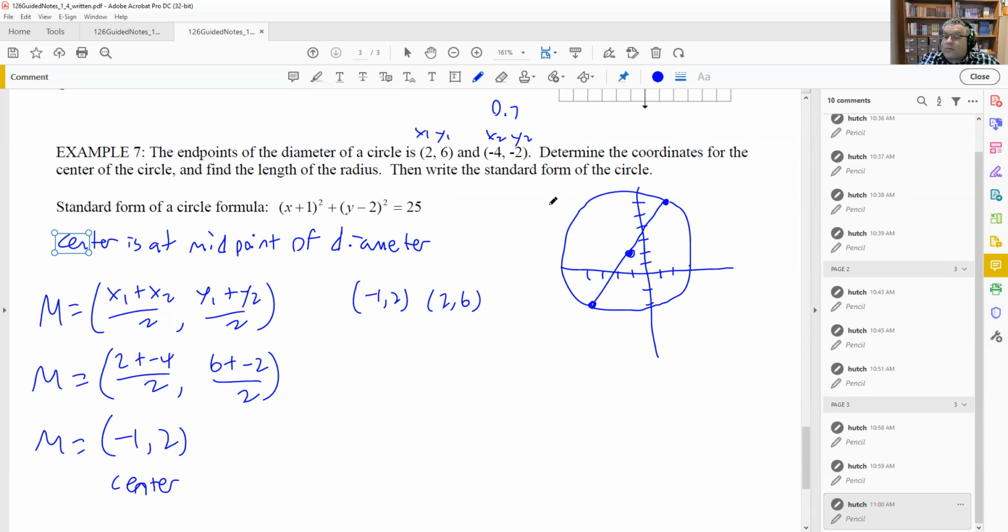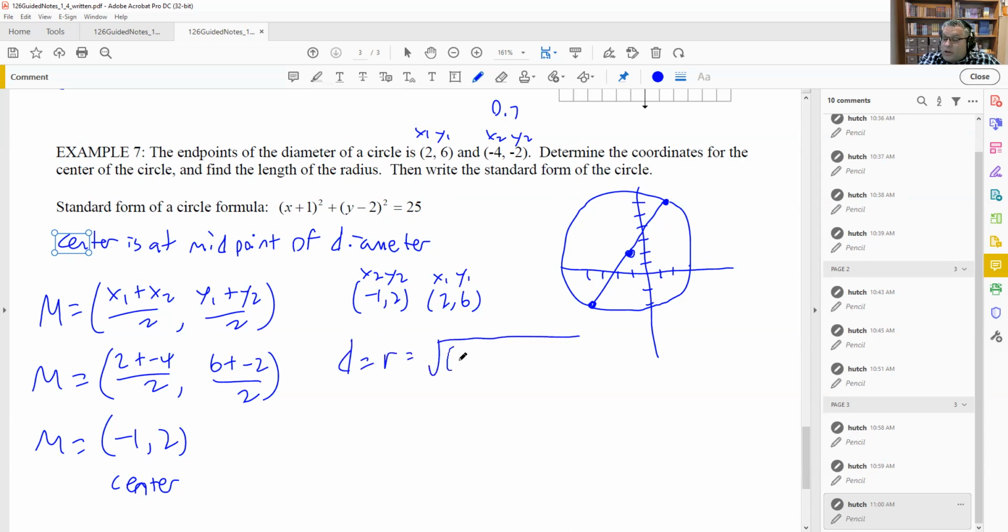It's all positives there. And I'm going to use the distance formula now, and that's going to tell me the distance from the center to this point right here, 2, 6. So I'll do x2, y2, x1, y1, and put that into my distance formula, which is going to be the same as the radius here.